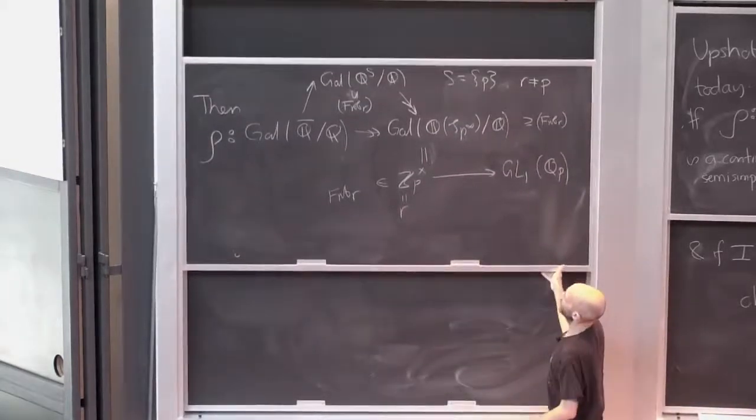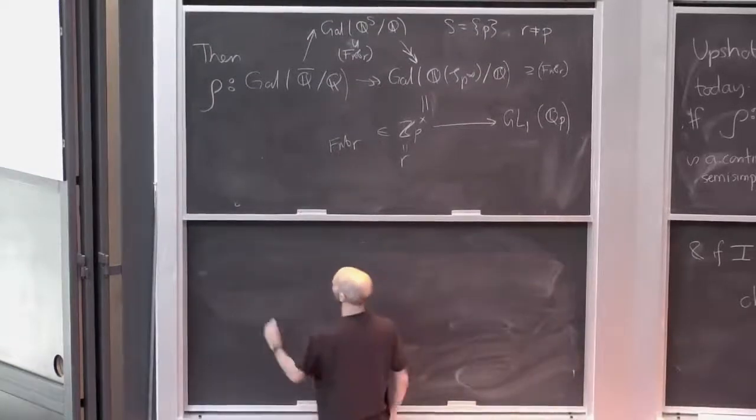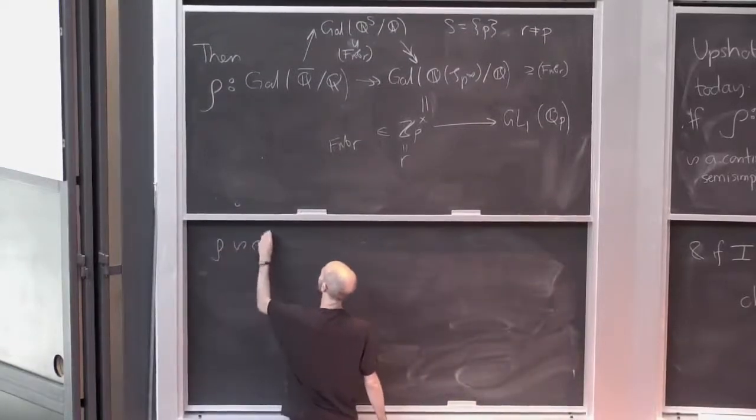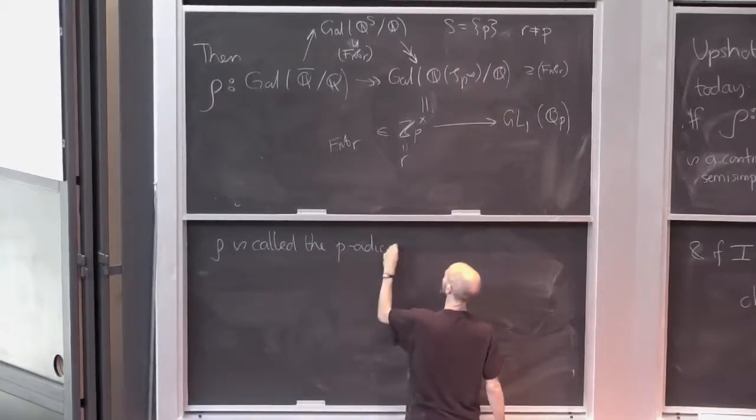So there's a complicated one-dimensional Galois representation called the cyclotomic character. Rho is called the p-adic cyclotomic character.